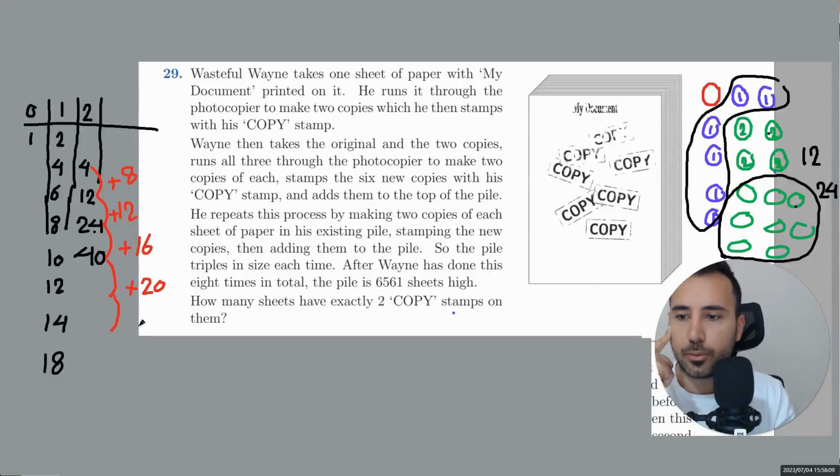And then plus by 24. And then plus by 26. So let's just add them. Plus by 20, 60. Plus by 24, 84. So here will be 110.